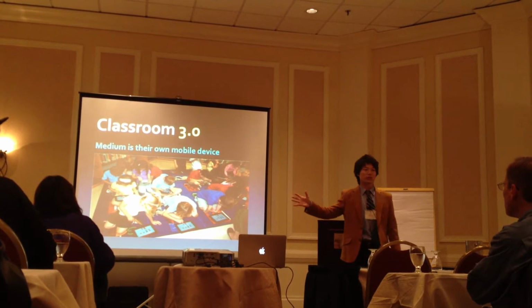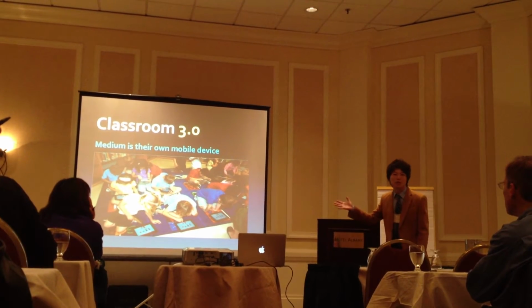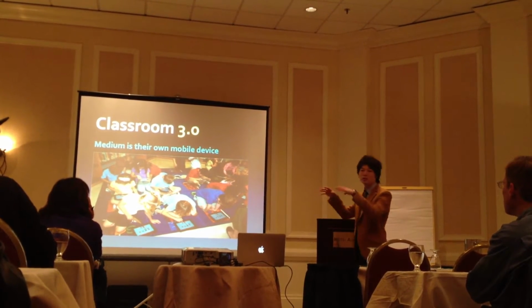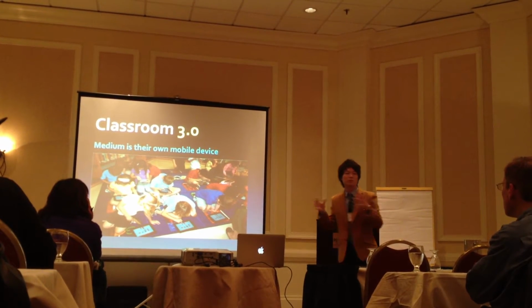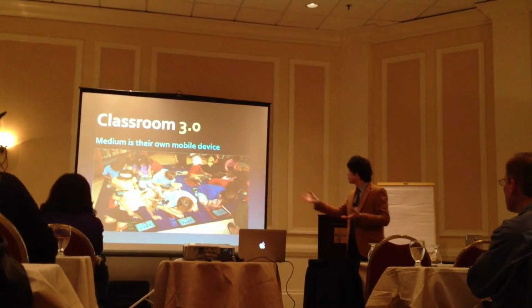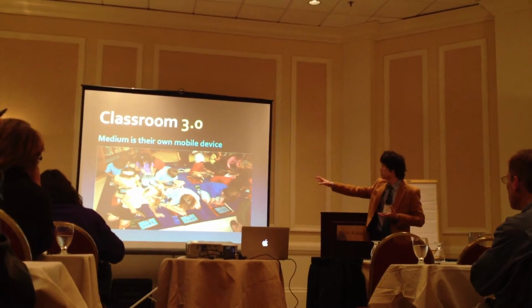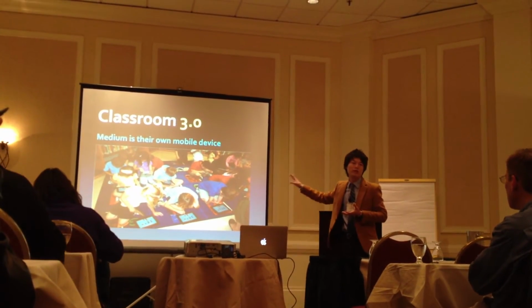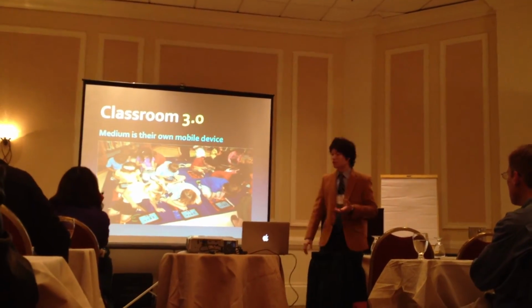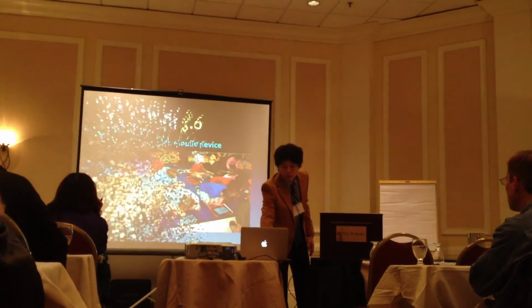There is no furniture in the classroom, like the Montessori philosophy. There is no furniture that would make a boundary and make communication harder. And they are wirelessly connected to each other, teacher and students, so they can communicate from anywhere, any place. So this is classroom environment 3.0.